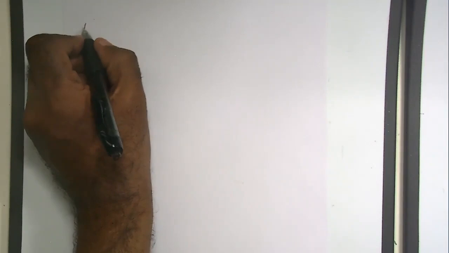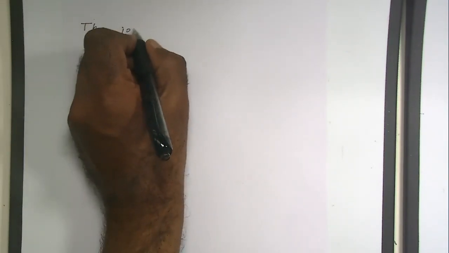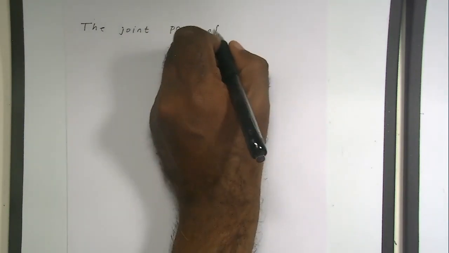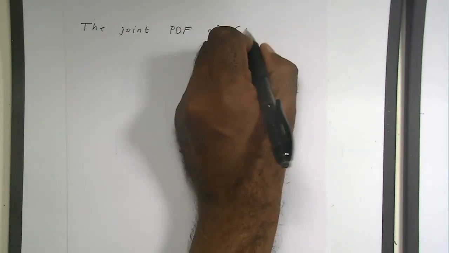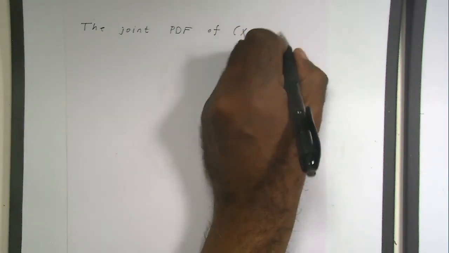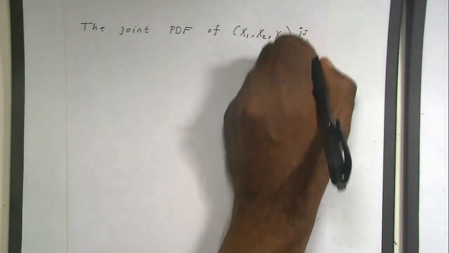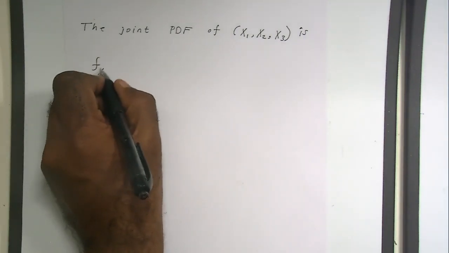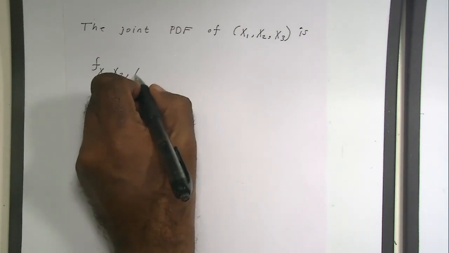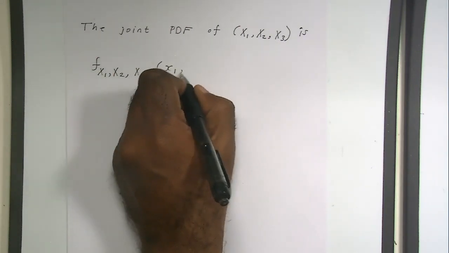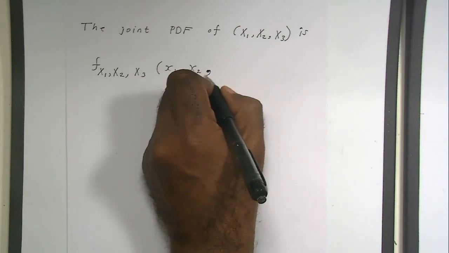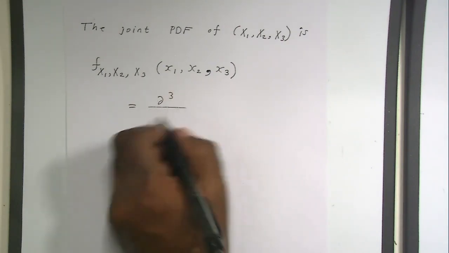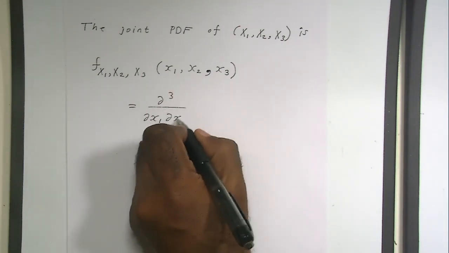The joint PDF of the triplet X is written like this, and is equal to the triple derivative, so you have to differentiate 3 times.